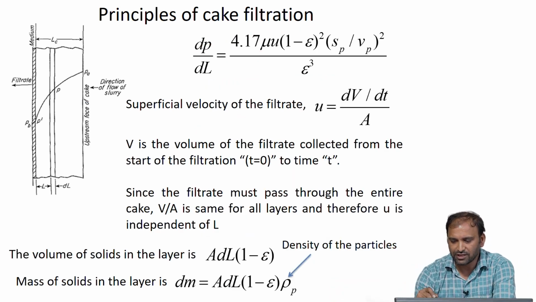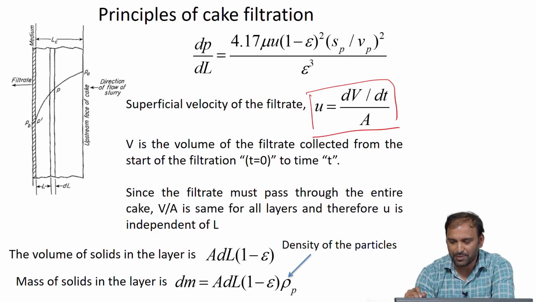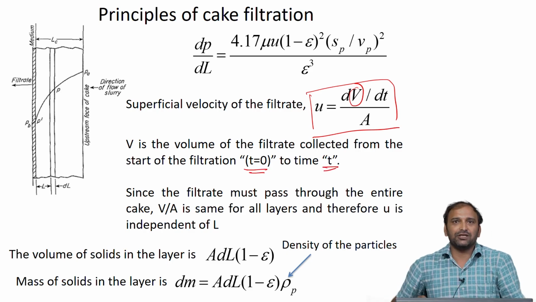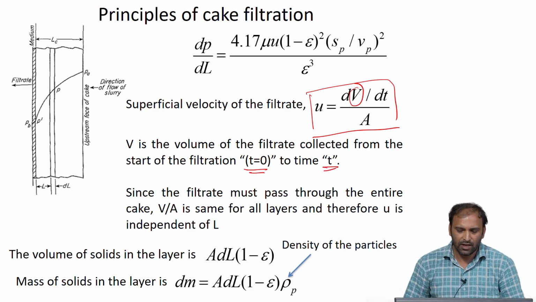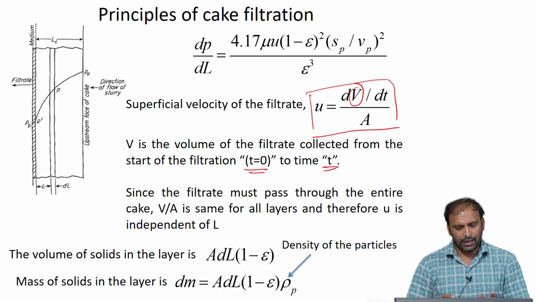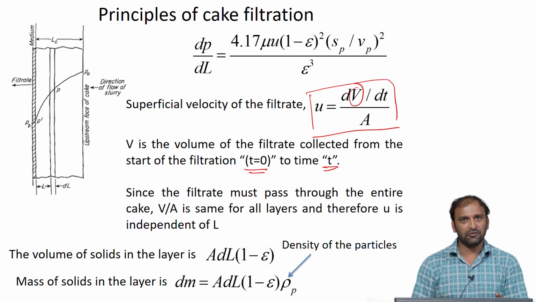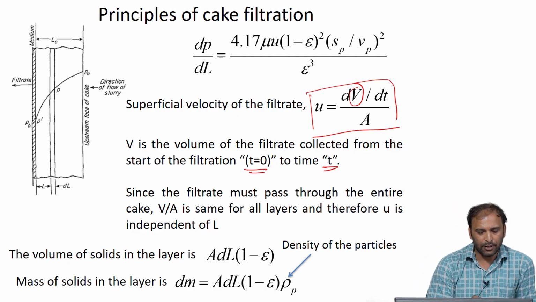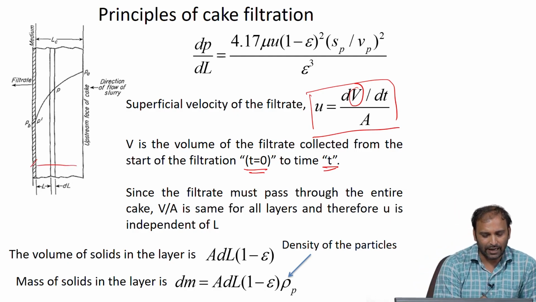So in this definition, u is equal to dV by dt divided by A. V essentially refers to the volume of the filtrate collected from time t equal to 0 until time t. Once a particular volume of filtrate enters the filter cake, essentially the same volume flows through the entire filter cake.